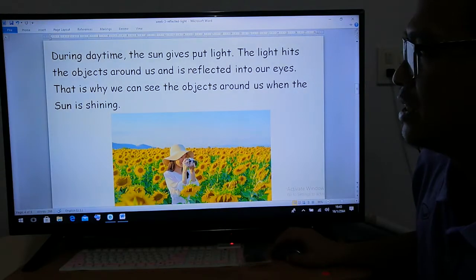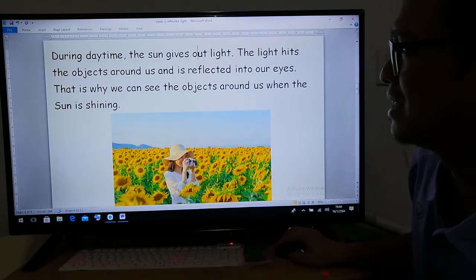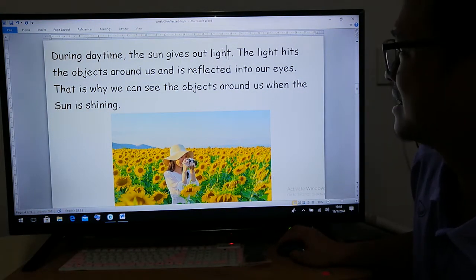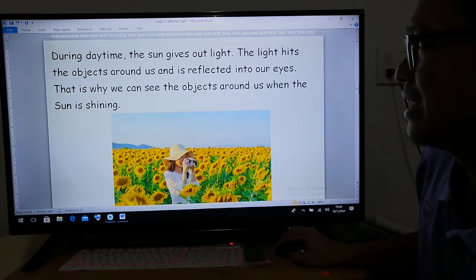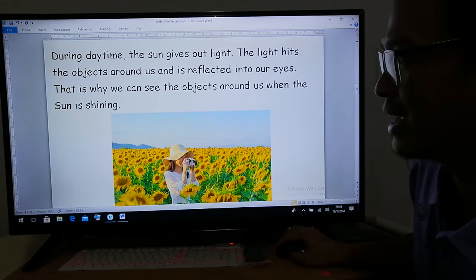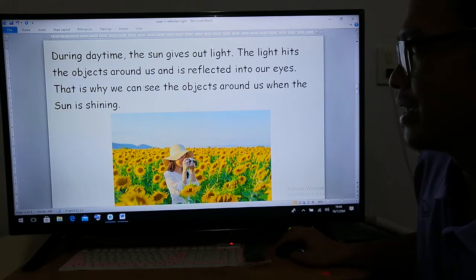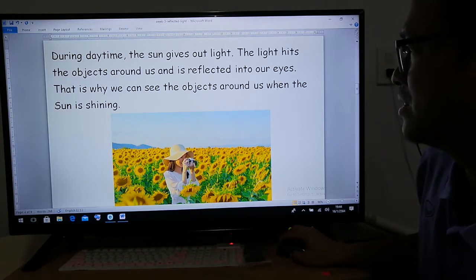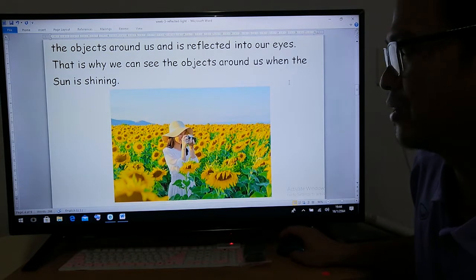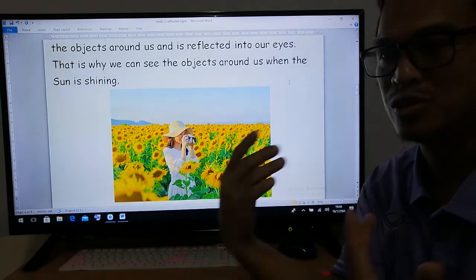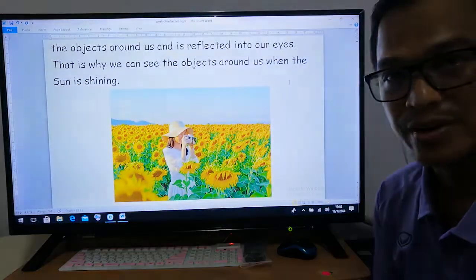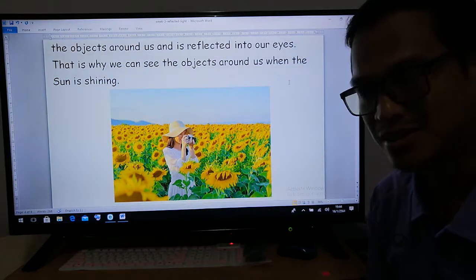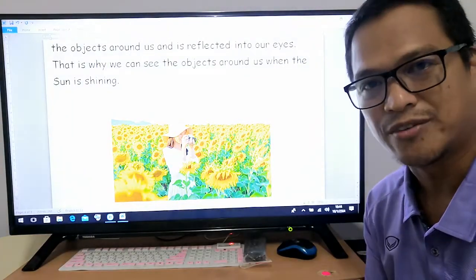During daytime, the sun gives out light. The light hits the objects around us and is reflected into our eyes. That is why we can see the objects around us when the sun is shining. For example, in the morning until afternoon, the sun is out, so we can see almost everything.